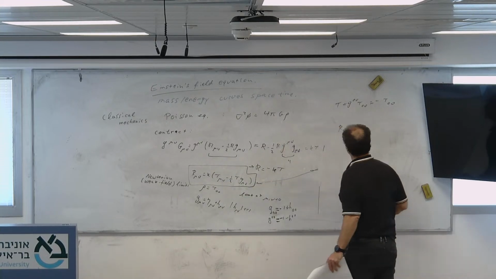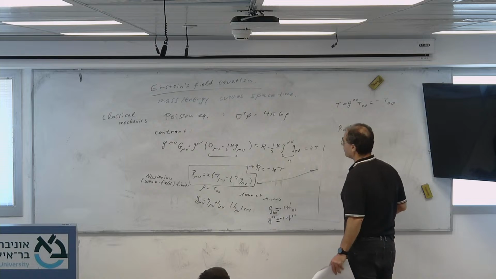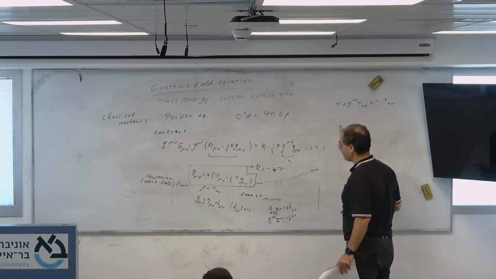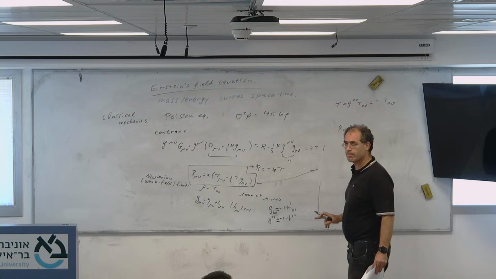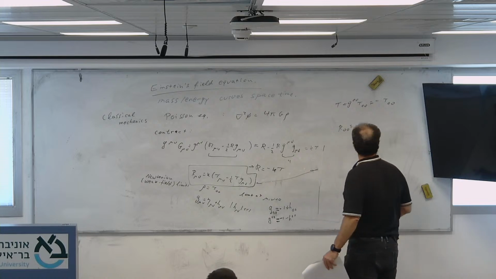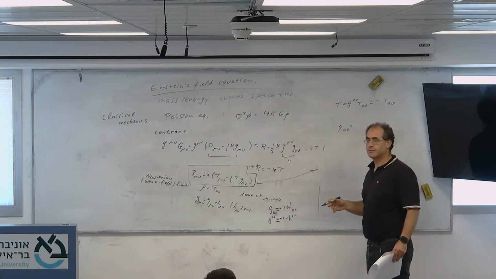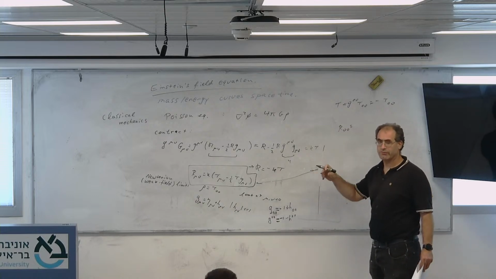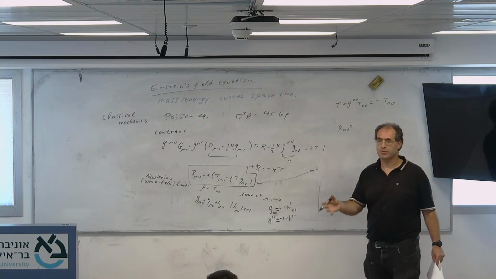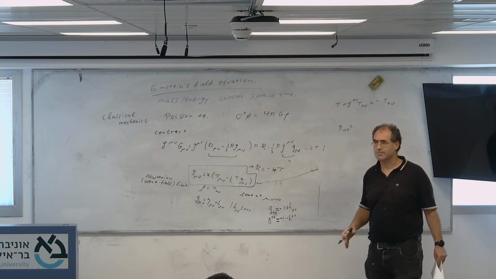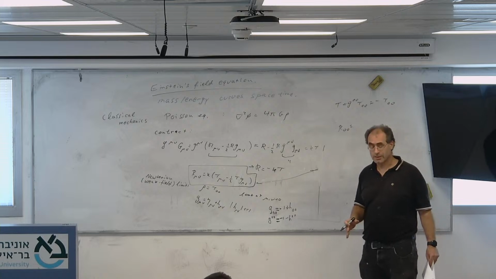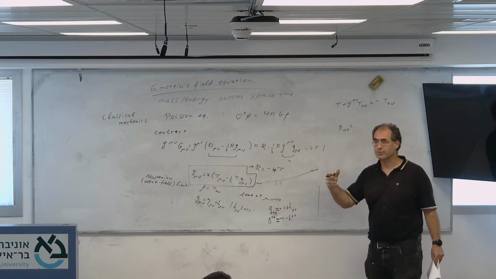Why are the other terms in T negligible? Everything else is, this is the rest mass. Remember, weak field means that all the kinetic energy, all the momentum are much, much smaller than the rest mass. So T00 is much bigger than the others. Yes, because it contains the rest mass. It's the only term that contains the rest mass energy.